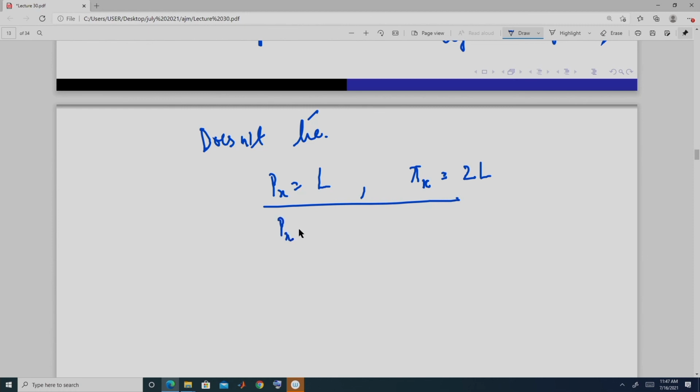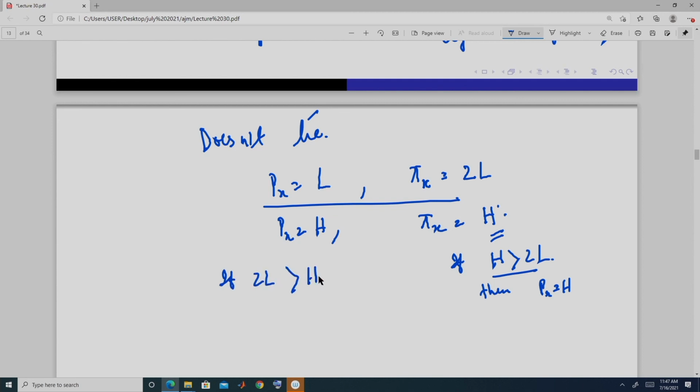Or it can charge H and the profit from X is only from consumer 1. So this strategy is profitable when H is greater than 2L, and then Px is equal to H. Otherwise, if 2L is greater than this, then Px is equal to L.